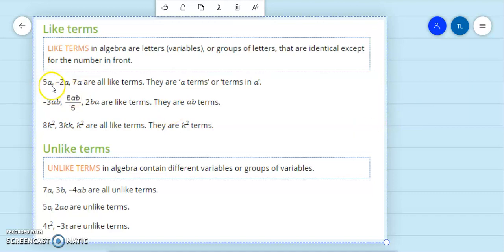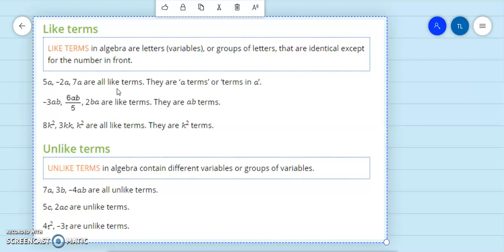So 5a, negative 2a, 7a are all like terms. So a here, a here, a here are like terms. So we can simplify them.